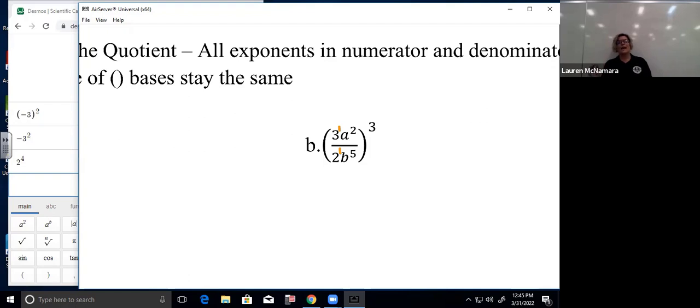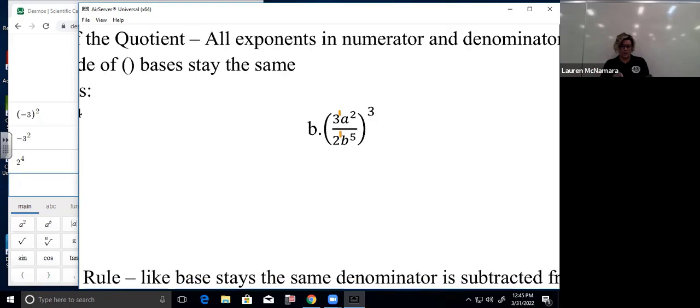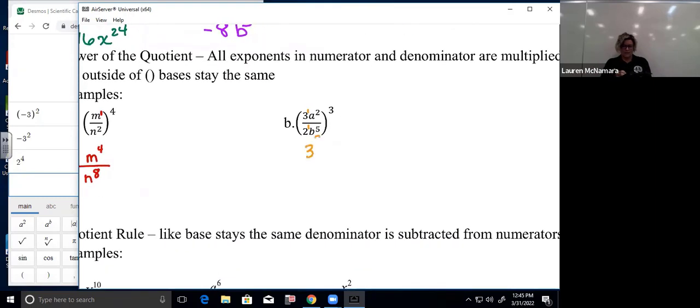So now every exponent gets multiplied by the exponent on the outside of the parentheses. 3 to the third, a to the sixth, divided by 2 to the third, times b to the 15th.